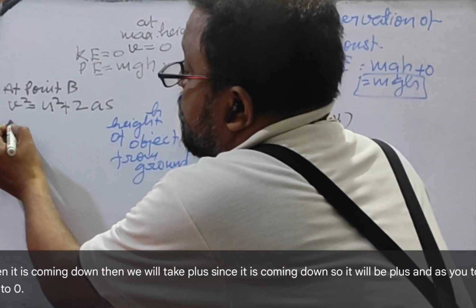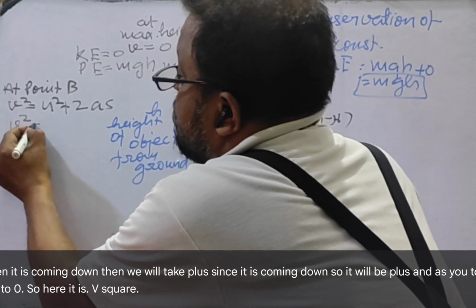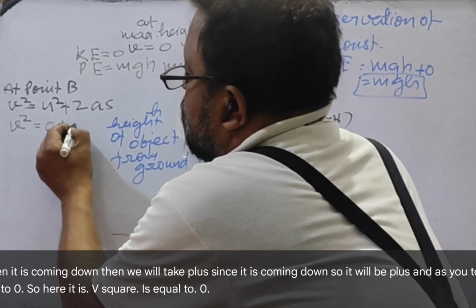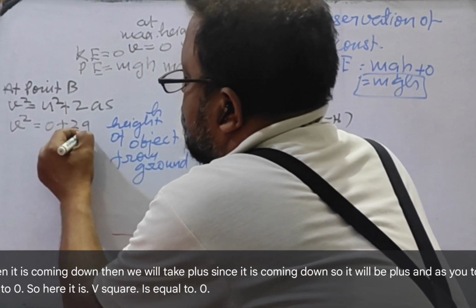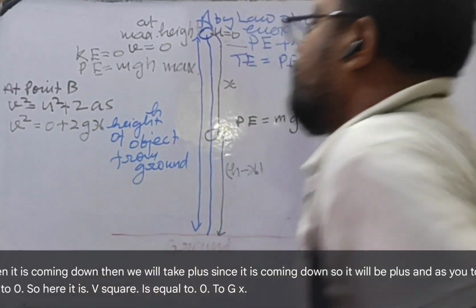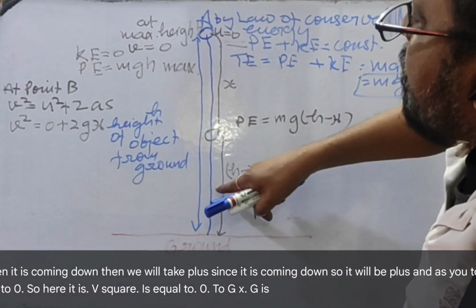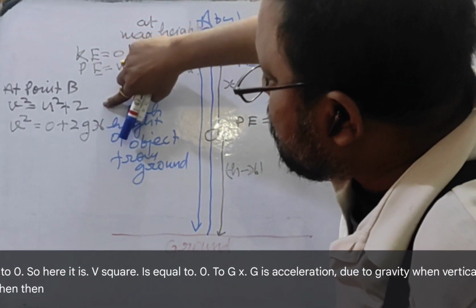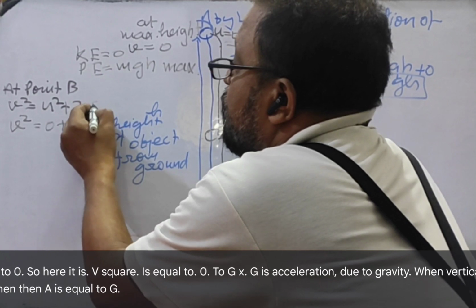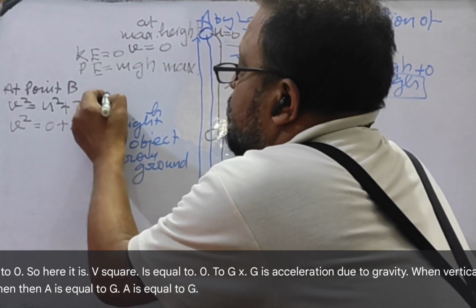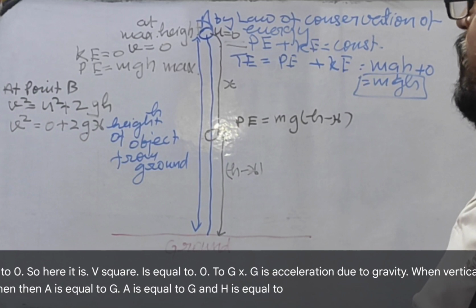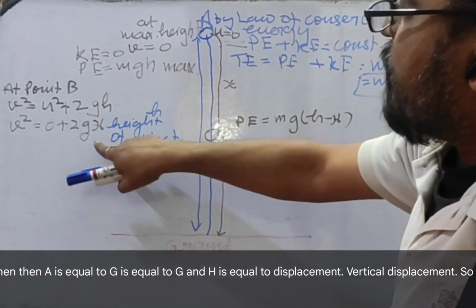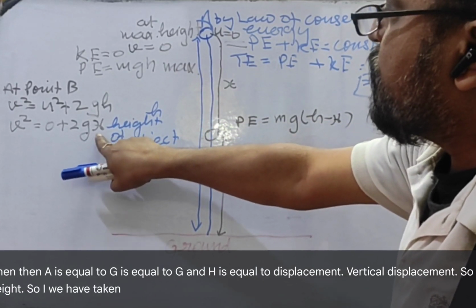So here v square is equal to 0 plus 2gx. g is acceleration due to gravity. When vertical movement is there, then a is equal to g, and s is the vertical displacement. So it is coming down x height. So we have v square is equal to 2gx, right?